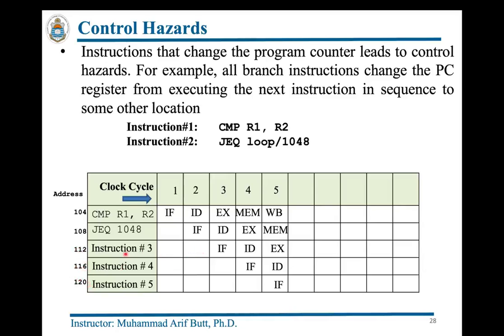But in the pipeline, instruction 3 from address 112, instruction 4 from address 116 and instruction 5 from address 120 are already executing. So what is the solution? So what are the solutions to such control hazards which occur due to branch or jump instructions?